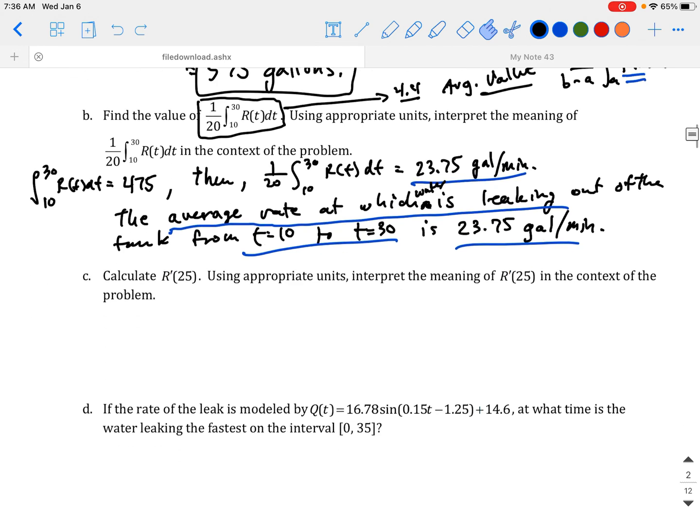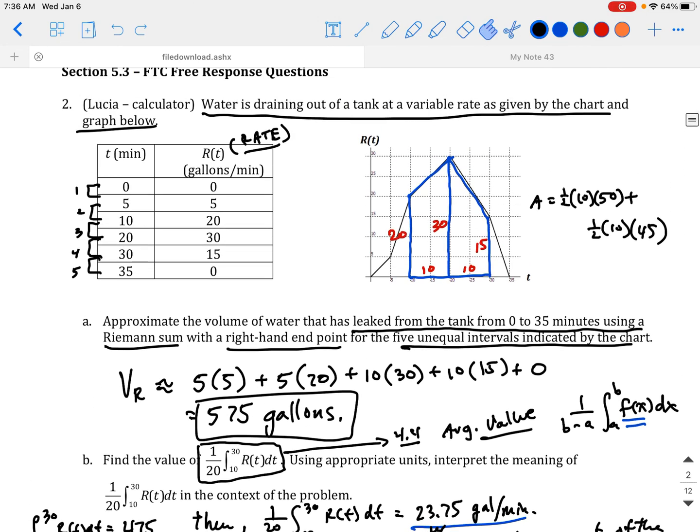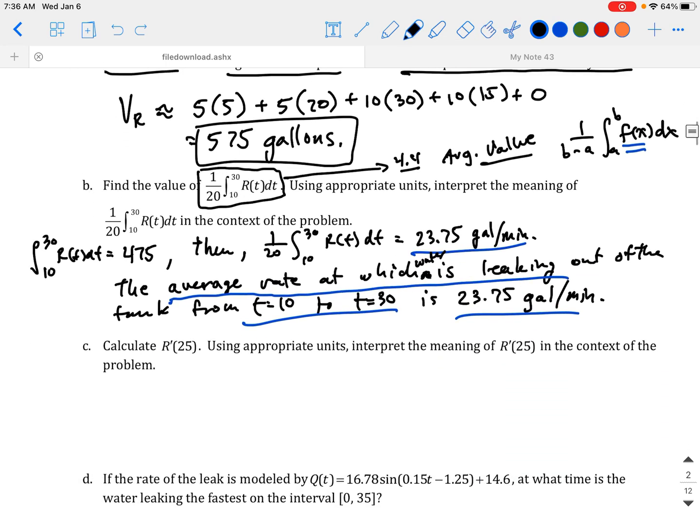All right, so then for part C, it asks us to calculate R prime of 25. Again, we don't know what R is, so the only thing we can do is reference our table. So if we're finding R prime of 25, we're going to find the two closest points to 25. In this case, it's going to be 30 and 20 for t. And then we're going to do the secant line, or the difference quotient calculation between those two points.